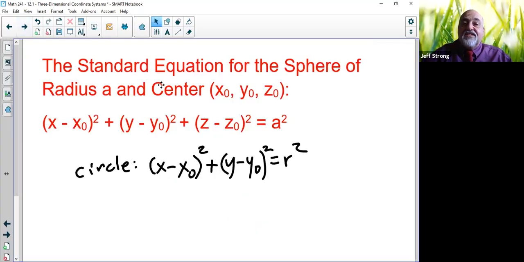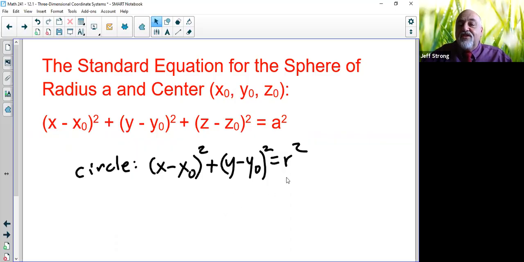All right, so it says the standard equation for the sphere of radius a and center x sub 0, y sub 0, z sub 0 is: x minus x sub 0 squared plus y minus y sub 0 squared plus z minus z sub 0 squared equals a squared.